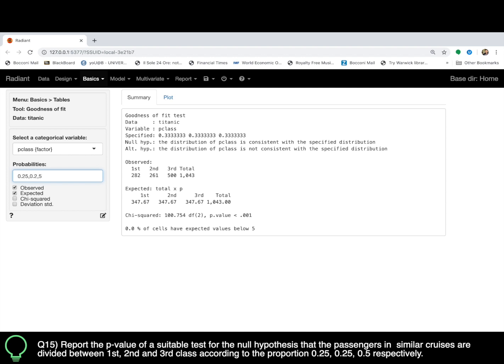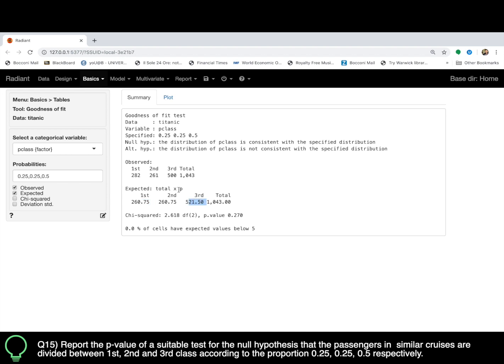In the second class we have 25% of the passengers, and the remaining half, it's all in third class, sorry. Enter. Okay, so if these were the true probabilities of belonging to a specific class, we would see 260 passengers in first class, same in second class, and double as much in third class.